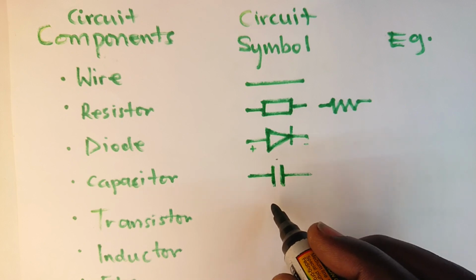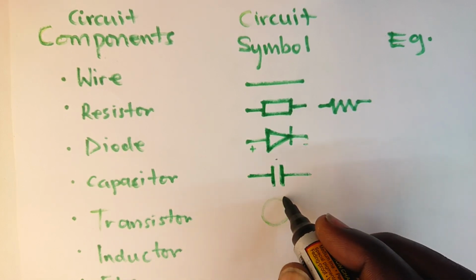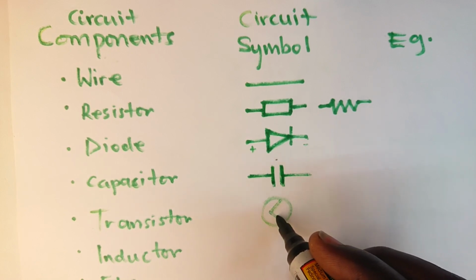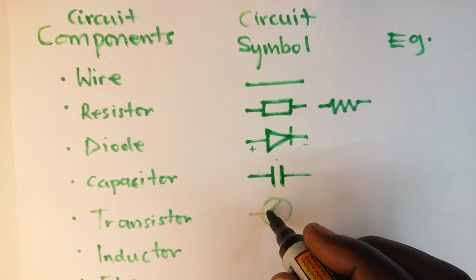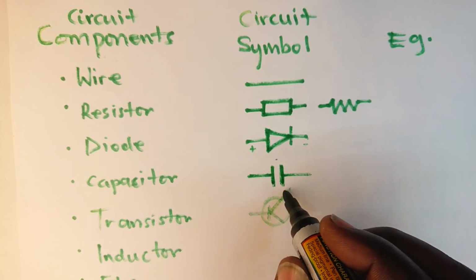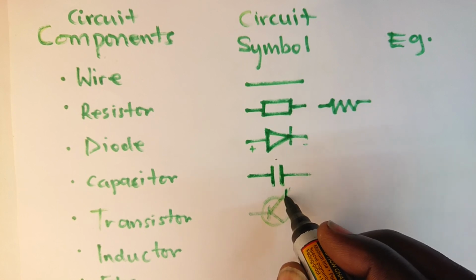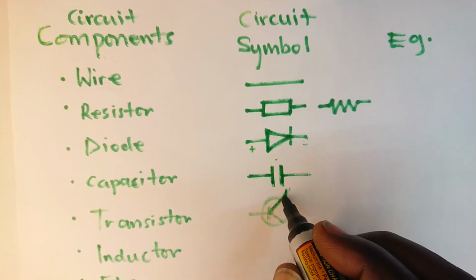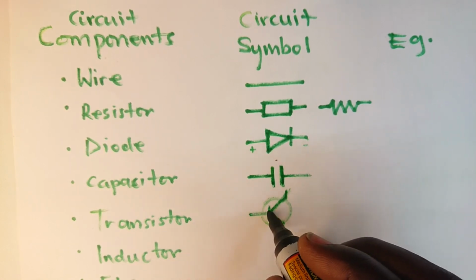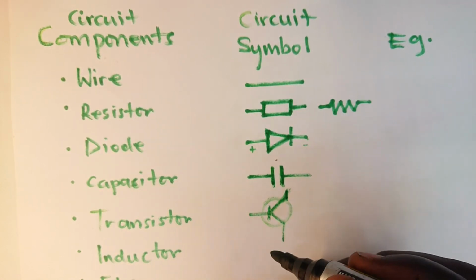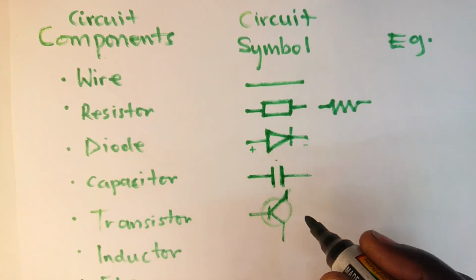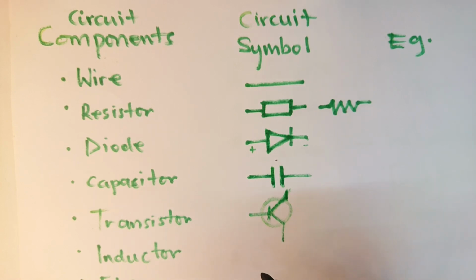Now a transistor, you will basically have a circle and some sort of symbol. A transistor actually has three terminals, but for now we will not dive so much into that. You just know that this is the symbol of a transistor.